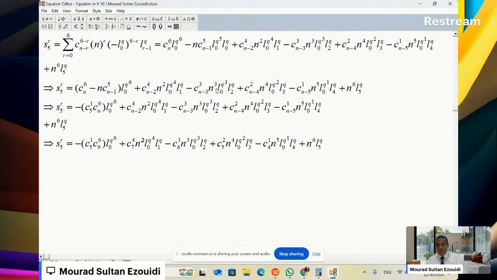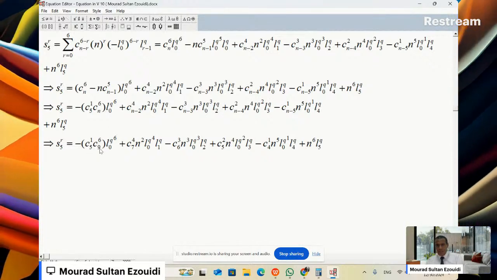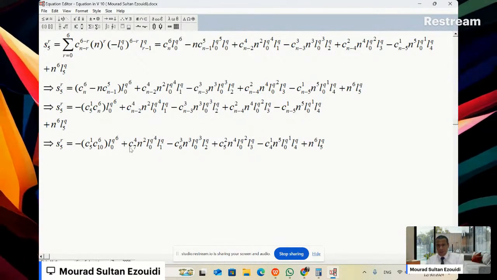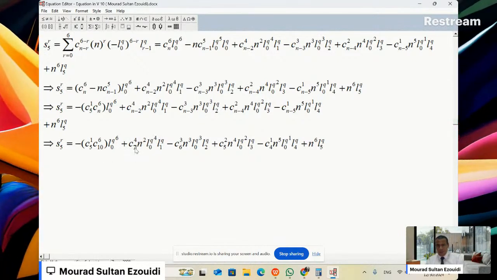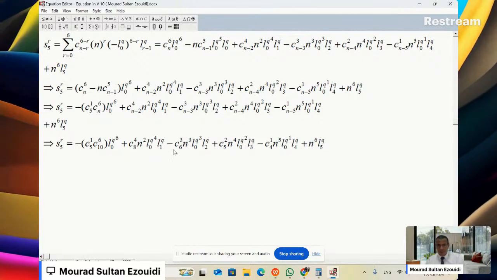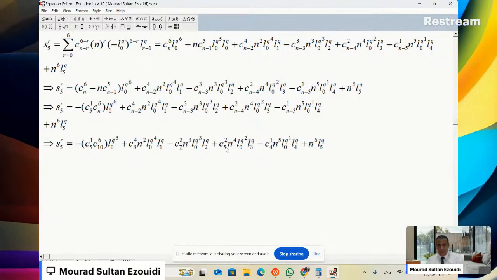Okay, for the 6 and the c, it will be 10, because I'm working with the highest power, which is 10. Then 10 minus 2, it will be 8. Then this is 7. Then this is 6.